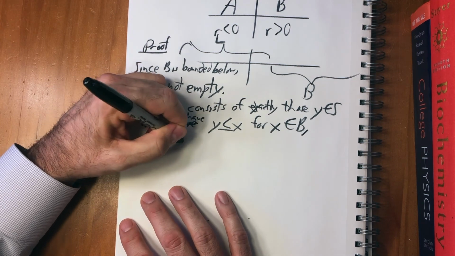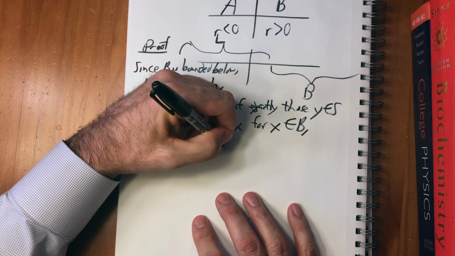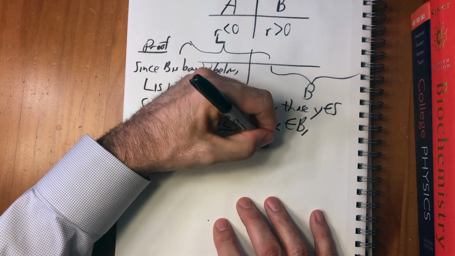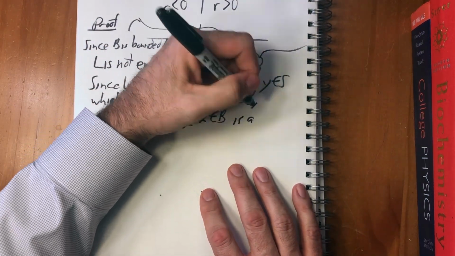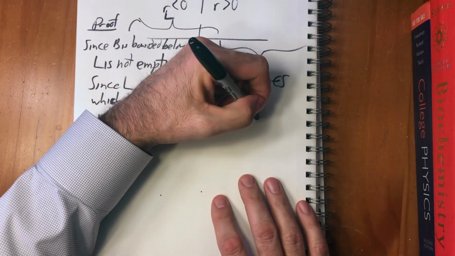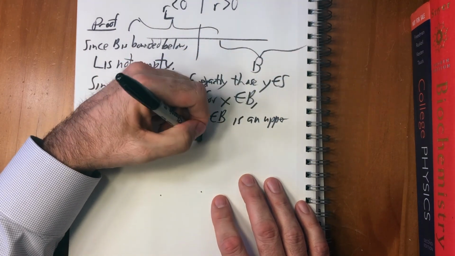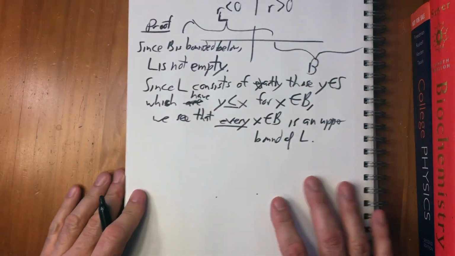we see that every element of B is an upper bound. So what did we just say?